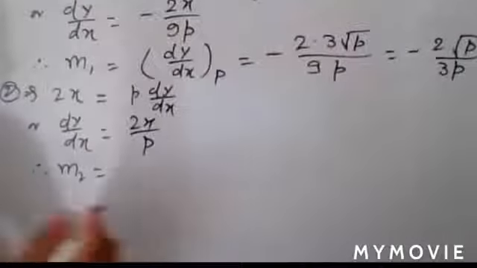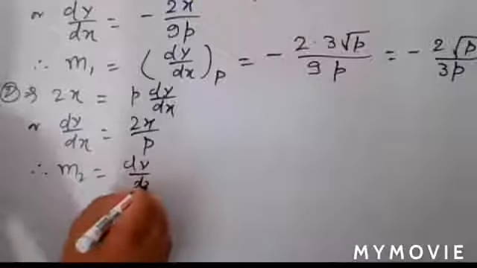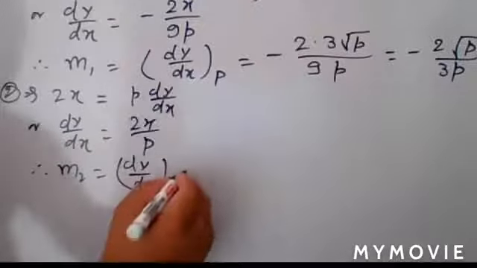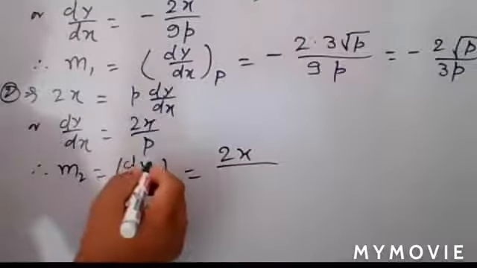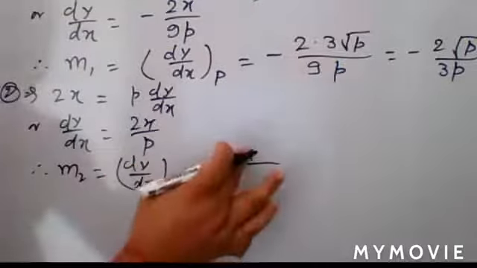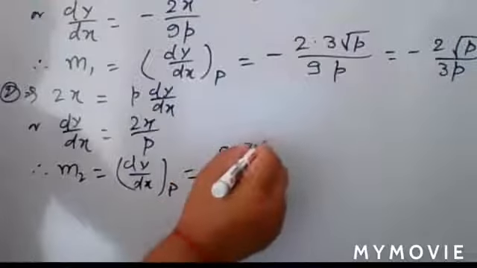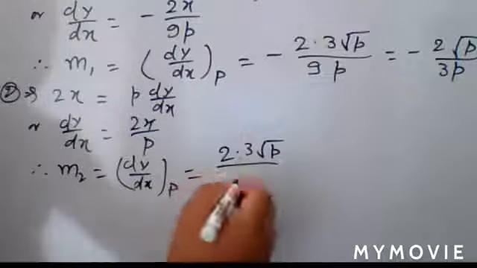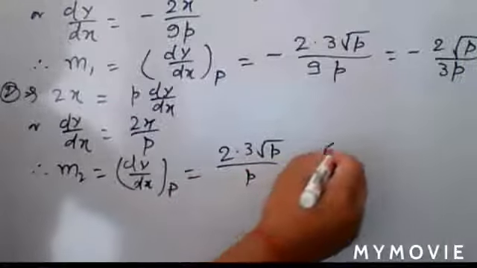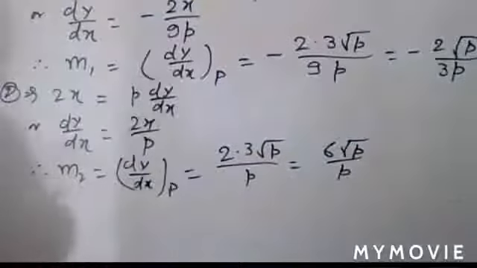The value of m2 is dy by dx at the point of intersection. So 2x upon p, putting the value of x here, 2 into 3 root p upon p. So that is 6 root p upon p. Understand? So in this way, you have the values of m1 and m2.